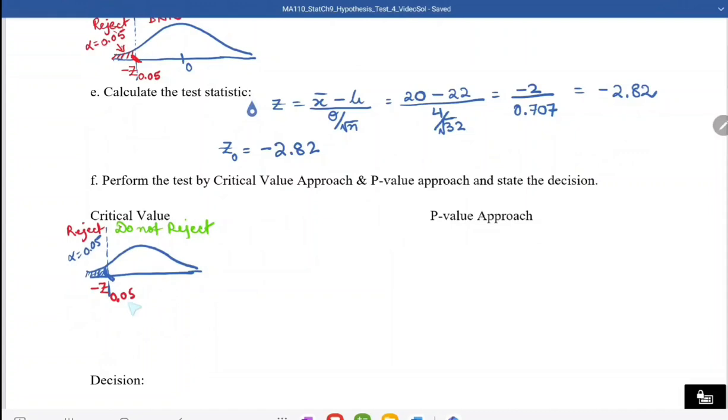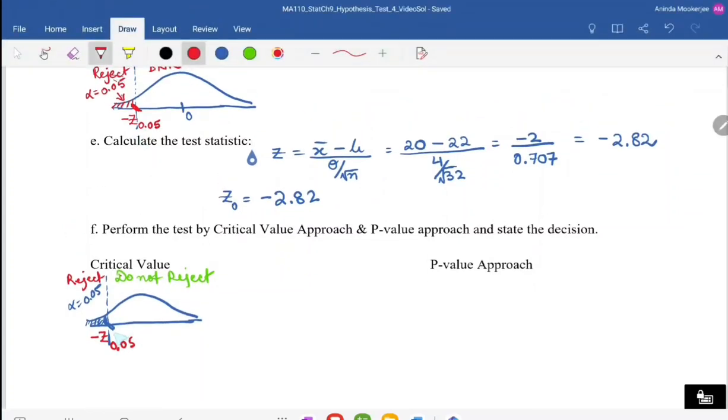Because it's on the left-hand side, it's going to be negative 1.645, correct? So our critical value, CV, is the value associated with negative z of 0.05, which is equal to negative 1.645.